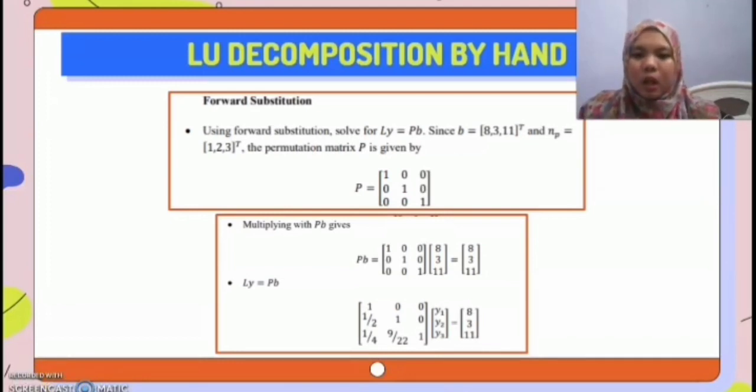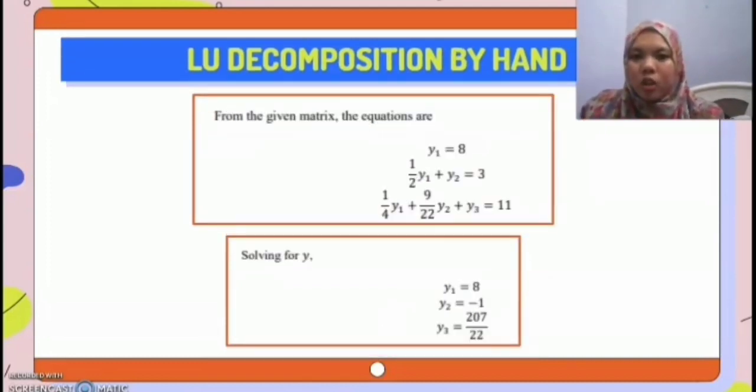From the matrices Ly equal to Pb, we expand until it becomes equations. From the given matrix, the equations are y1 equal to 8, 1 over 2 y1 plus y2 equal to 3, 1 over 4 y1 plus 9 over 22 y2 plus y3 equal to 11. Then we must solve to get the values of y1, y2 and y3.